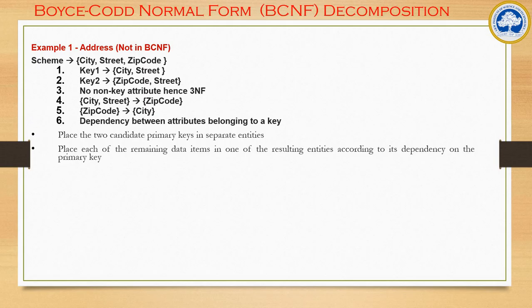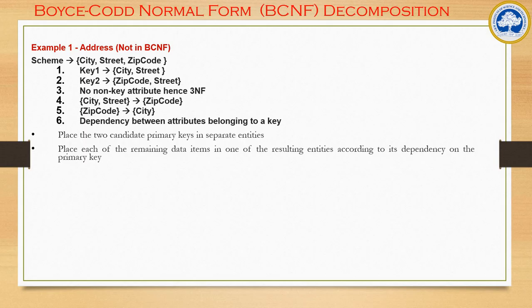Similarly, city is dependent on zip code. So the dependency between the attributes belongs to the keys. Both are keys, city is part of one key and zip code is part of another key. Now city depends on another key attribute, so here it is violating the BCNF.